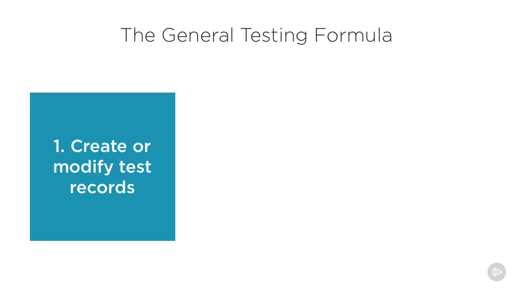That's right. We've been following a general testing pattern. And let me summarize our testing flow for you. These are the steps we naturally took after writing each trigger because we wanted to verify it worked. First, we created or modified test records. For example, we created a new account for our dedupe reminder trigger.